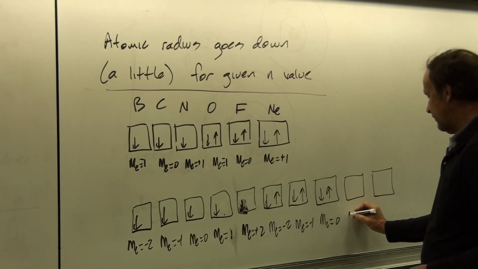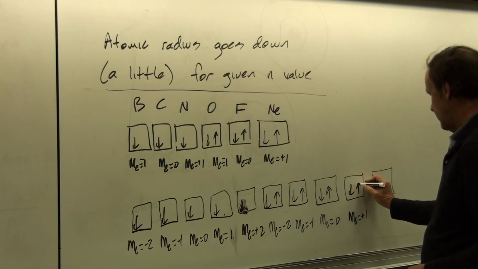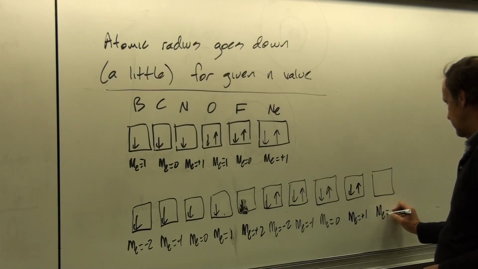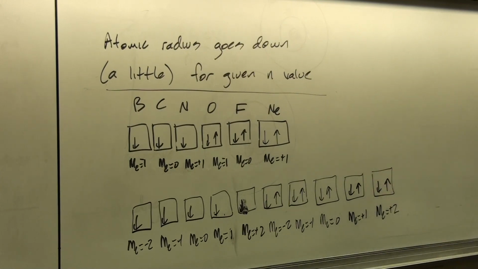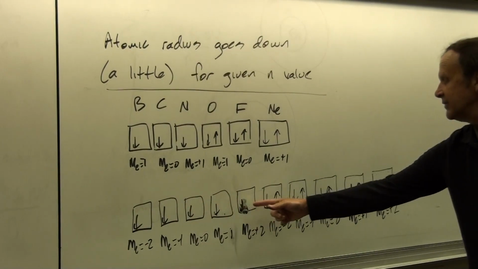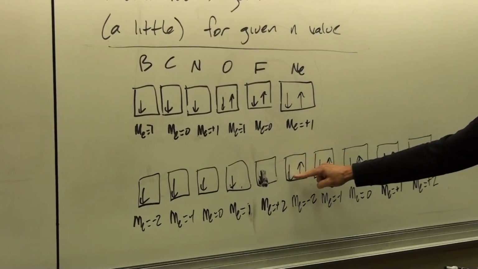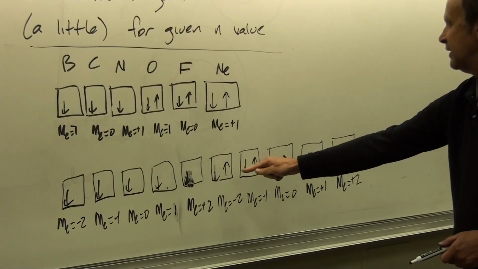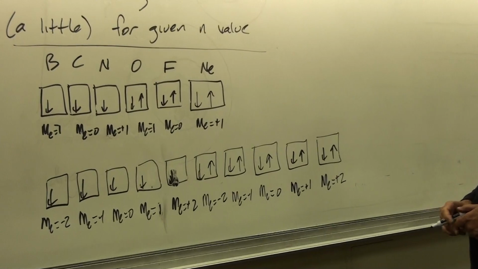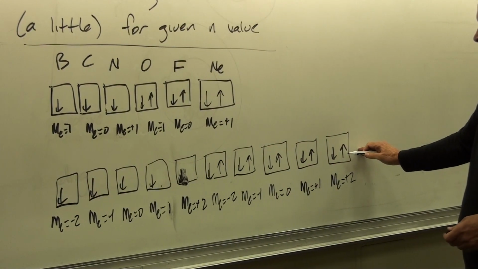And so then we'd have m sub l equals plus 1, down and up, and then m sub l equals plus 2, down, up. Okay, so that's our filling order in terms of first m sub l value with spin down having the lowest energy, and then filling back in with spin up as we get farther along in our d orbits.